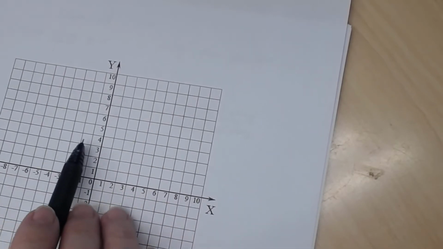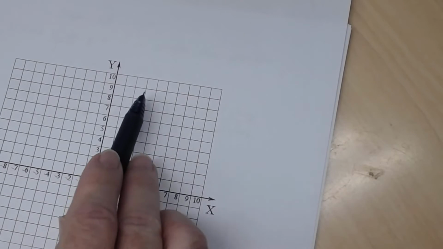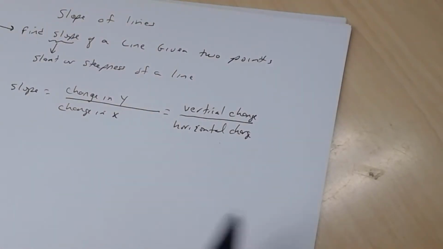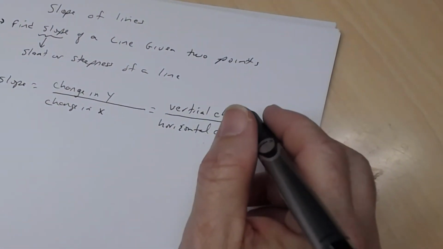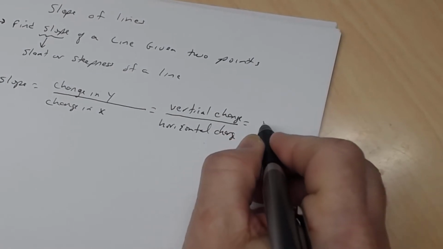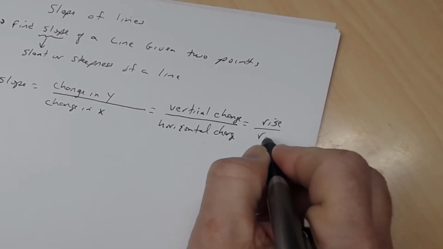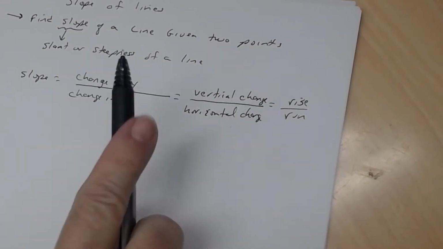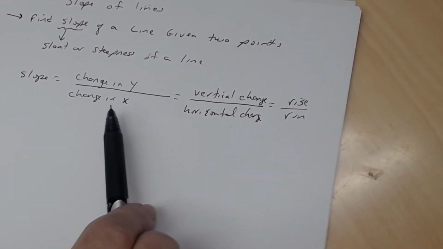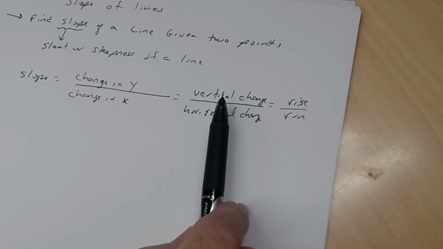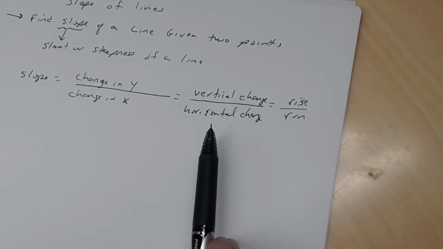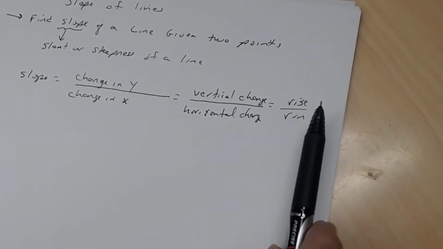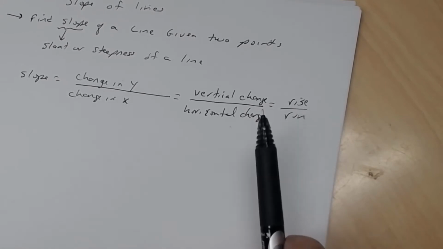You're walking, and then you're rising. Another set of words that you're going to hear about slope is rise over run. So the slope is change in y over change in x. Sometimes we refer to it as the vertical change over the horizontal change, and sometimes as rise over run.